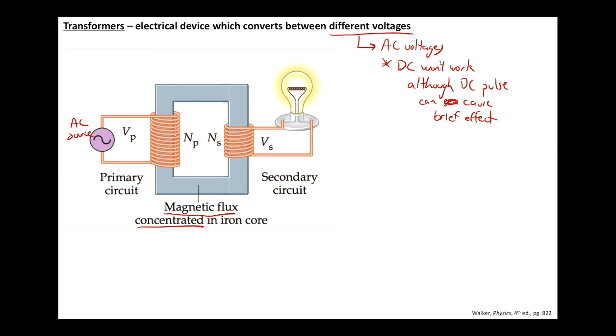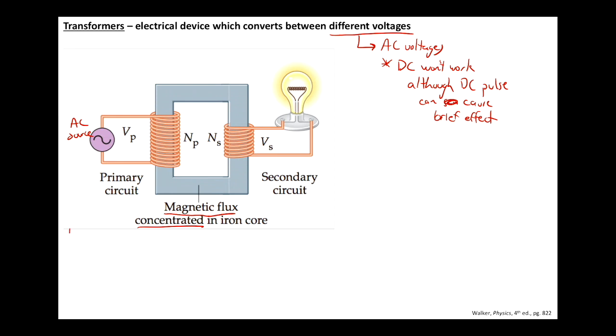So the secondary circuit is not connected, which means that there's nothing there that's creating voltage. The only voltage is going to come from Faraday's law. It's going to be an induced voltage that happens in the secondary circuit. And you can see they've drawn it with a different number of loops or coils, and we're going to use subscript S to indicate the number of loops and the voltage that's output.